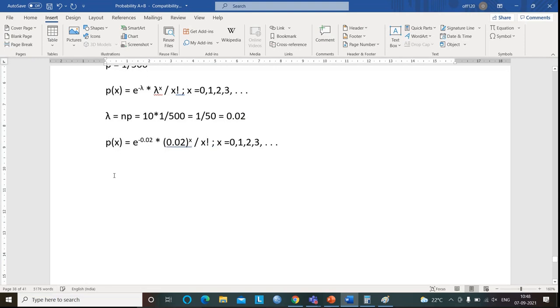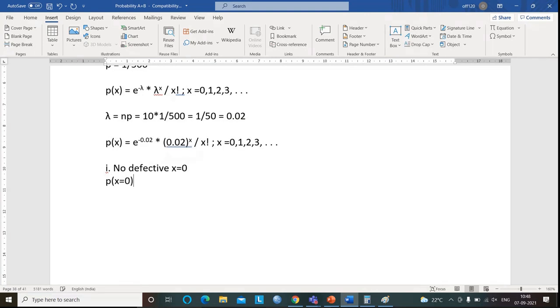Okay. Now, what is the first question they are asking us to find out? First one is no defective. No defective is nothing but x is equal to 0. Now, let's find that.